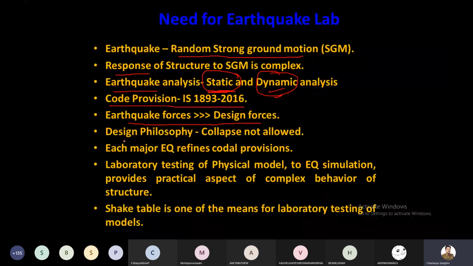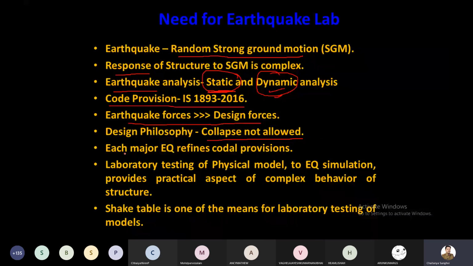Design philosophy is saying that collapse is not allowed, damage is allowed. So we talk about the inelastic deformation. That is the added point. As far as RCC design at undergraduate level is concerned, we are not allowing any sort of damage for the gravity loads. But if we design our structures for the earthquake, we are allowing damages. Collapse is not allowed, right?